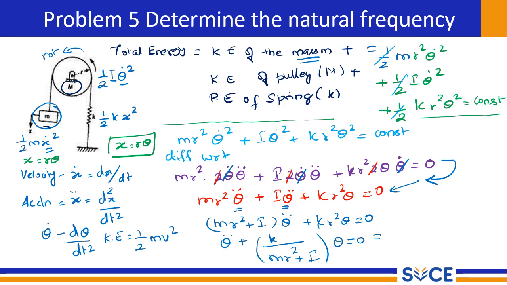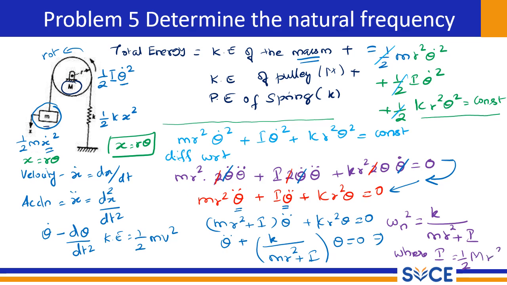So from this, it is very well known that omega n square equals k r square divided by m r square plus I, where I is the moment of inertia, is it not? The formula for this I is half m r square. You have to substitute it there.